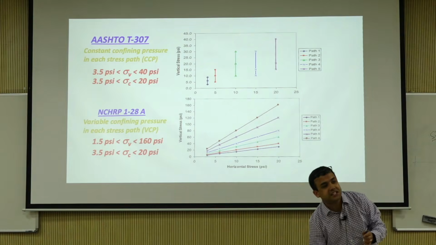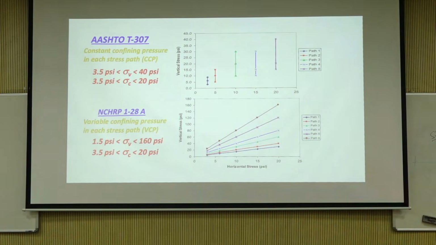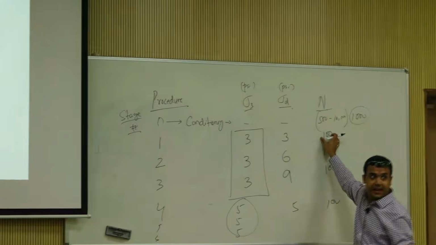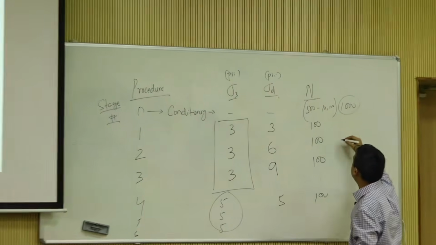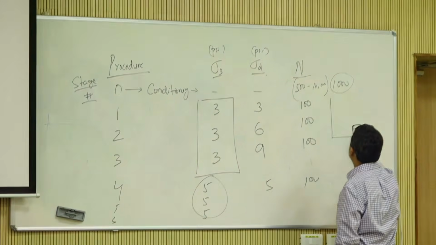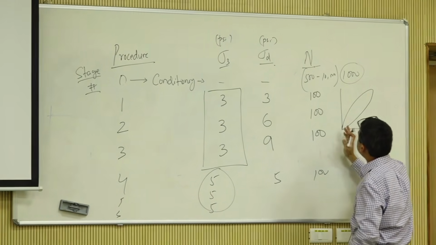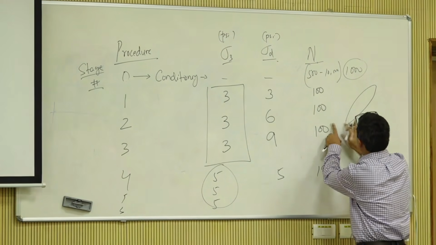Now the question is, I still haven't defined to you, how do you calculate resilient modulus for people who are new to this method, right? How do you do it? For every cycle, what do you have? You have basically this.